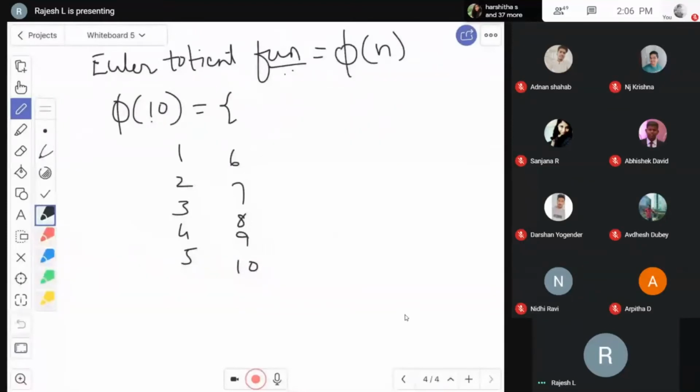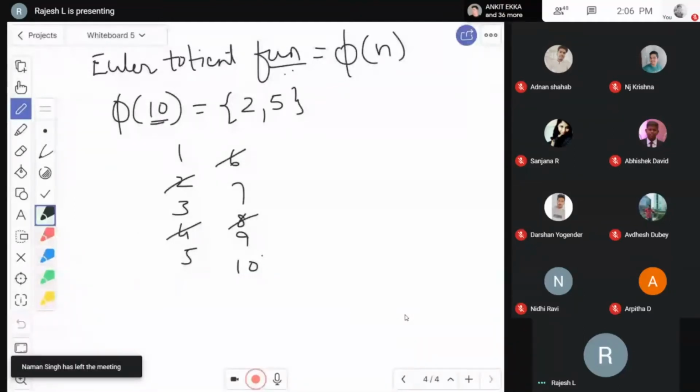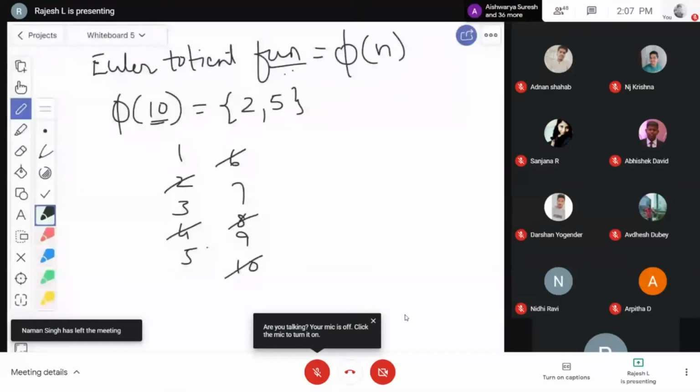Even 10 will divide 10. Now we cross out the multiples of 2: 4, 6, 8 and 10. Similarly, for 5, we cross out 5 and 10.